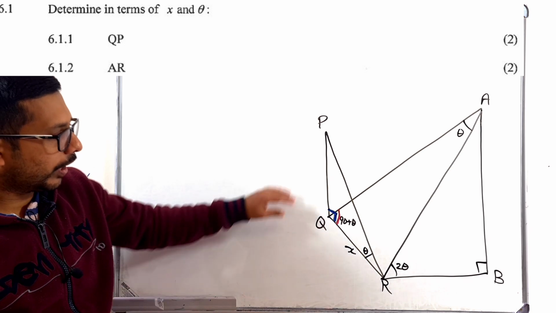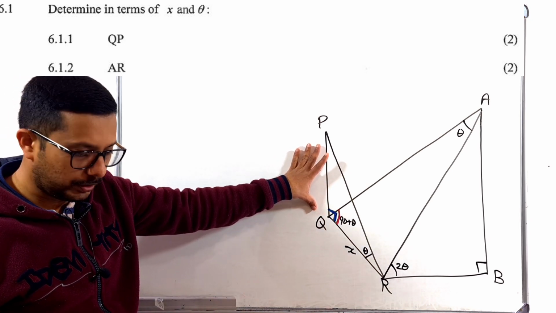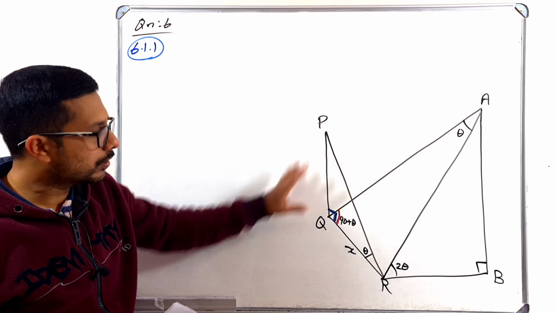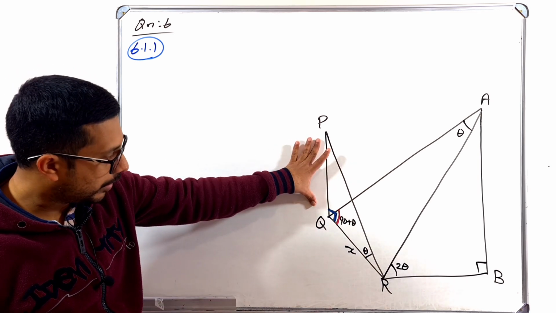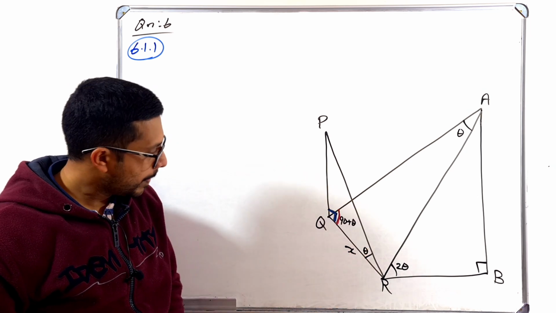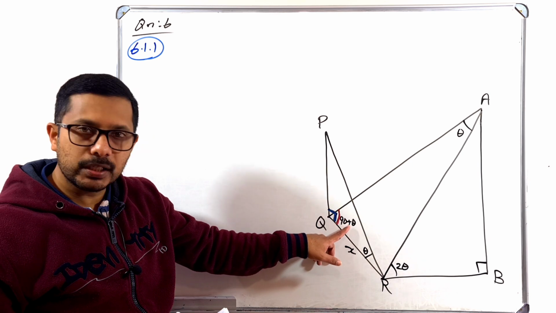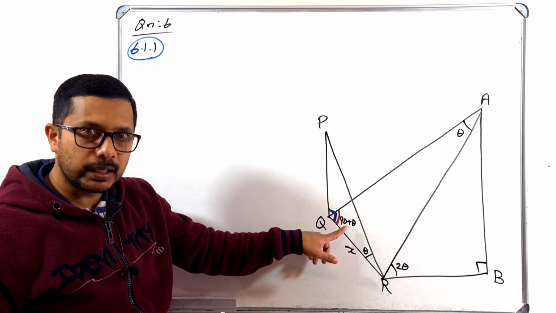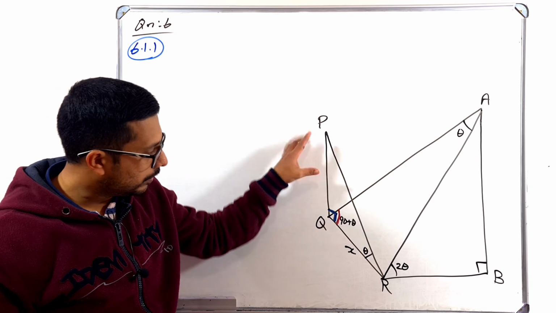And you have to find this QP in terms of x and theta. X is this one. Theta is this one. So what we can do is we can't take 90 plus theta. Don't forget that that 90 plus theta is not in our triangle.